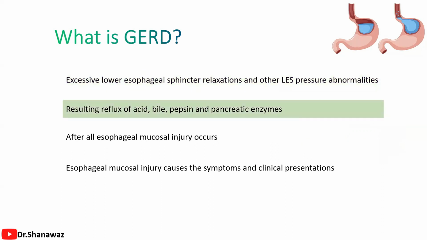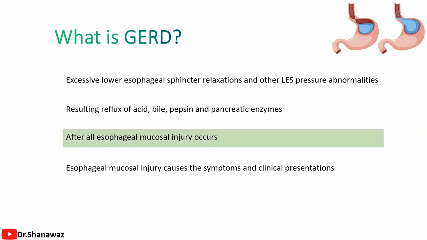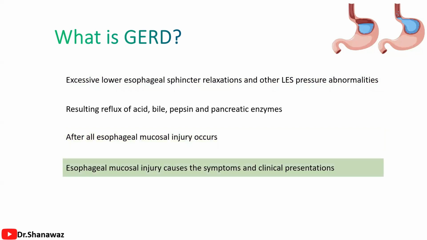The relaxation of the LES may result in reflux of acid, bile, pepsin, and pancreatic enzymes as well, because of which the esophageal mucosa is injured, and the mucosal injury may cause the symptoms and other clinical presentations in the patients.